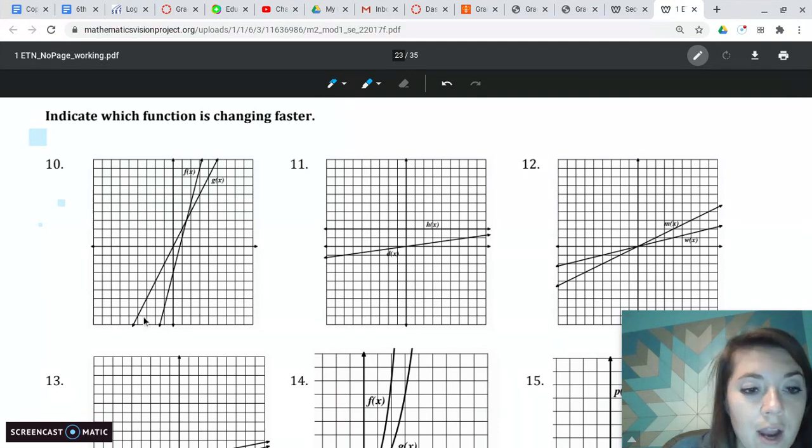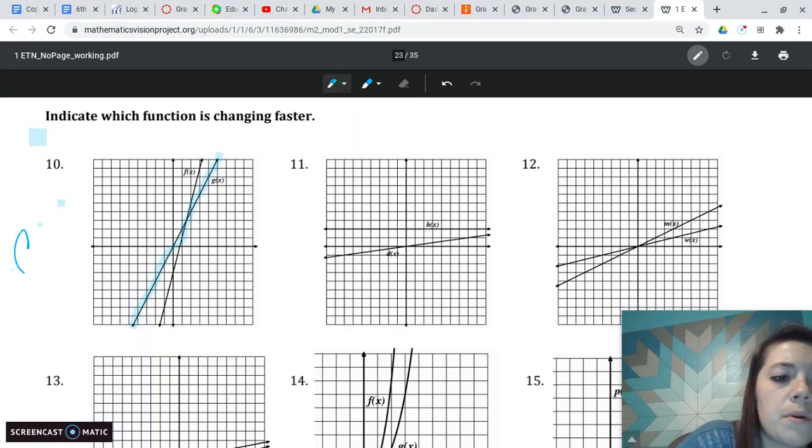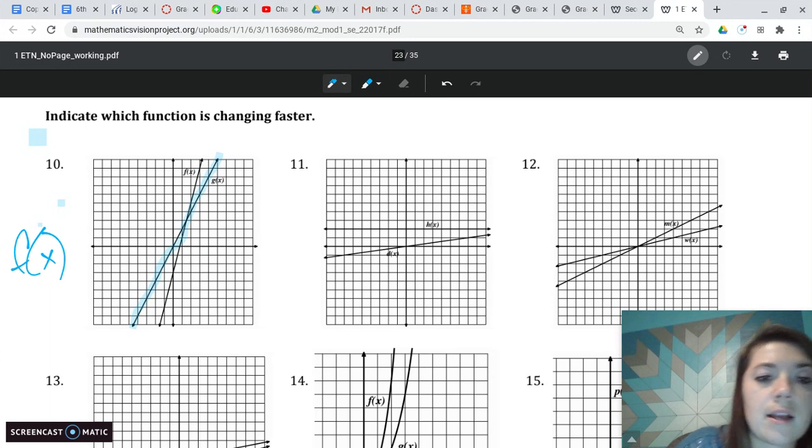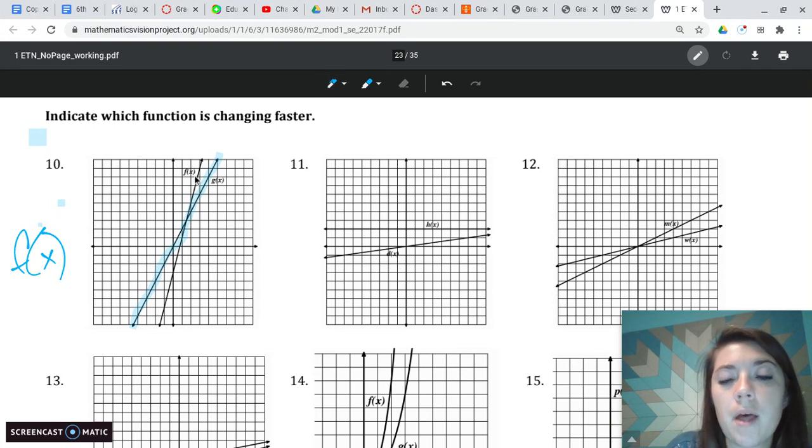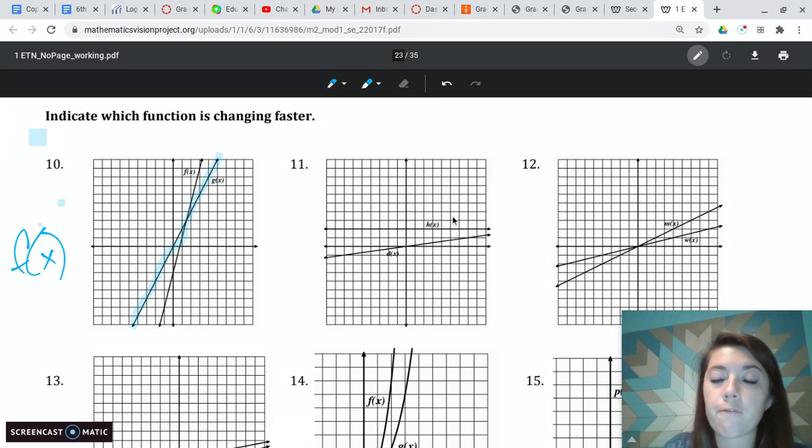So if we look at this graph, if we start here and we follow the line to see which one is which, this bottom line here, which means the less steep one, is our g of x, which means our steeper slope is f of x. So basically, it's the slope that's on top at the furthest to the right point. So be careful with these.